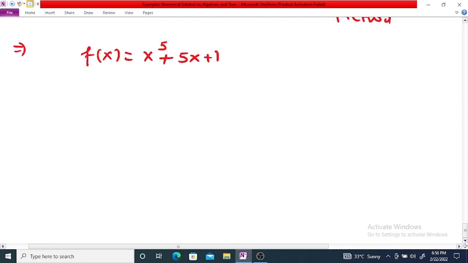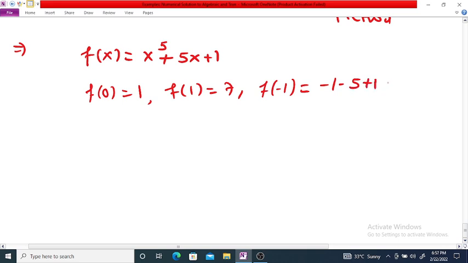Now first we want to determine the interval containing the root. If we try f of 0, it is 1. f of 1 is equal to 1 plus 5 plus 1, that is 7. And f of minus 1 is equal to minus 1 minus 5 plus 1, so it is equal to minus 5, which is less than 0.